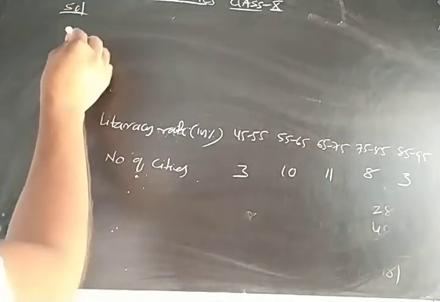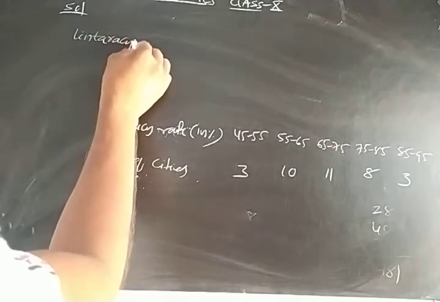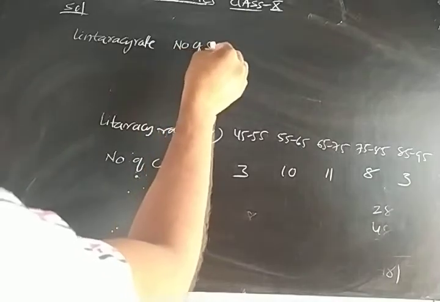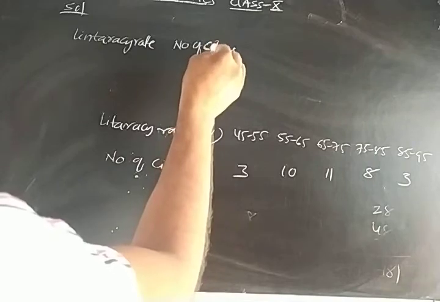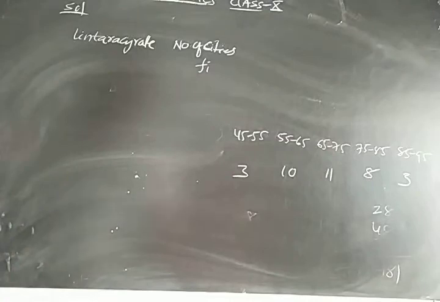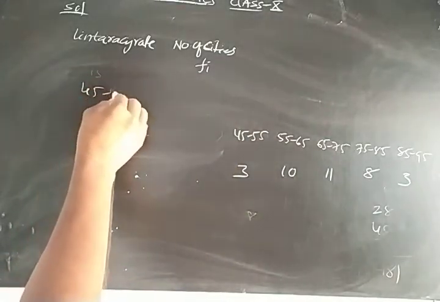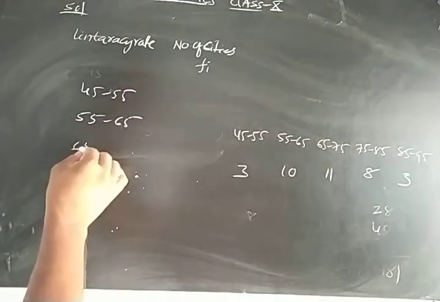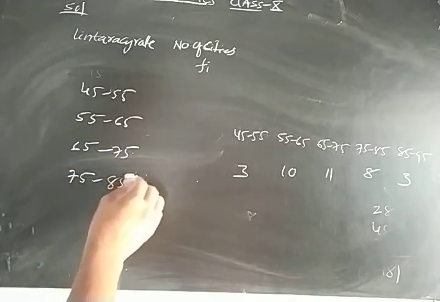And construct the table. Here the first column is literacy rate, and here number of cities. Number of cities we have to take as frequency. So literacy rate intervals are given here: 45 to 55, 55 to 65, 65 to 75, 75 to 85, 85 to 95.